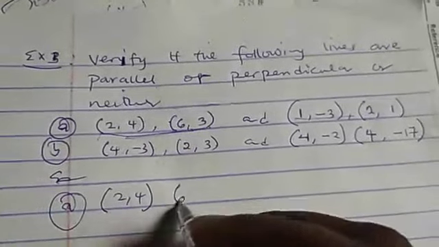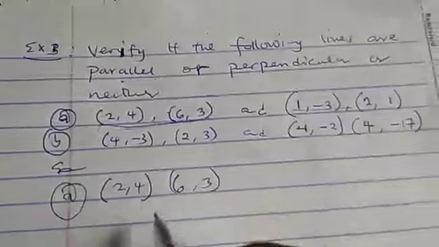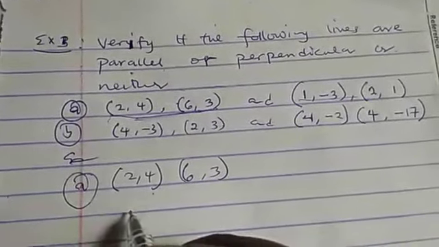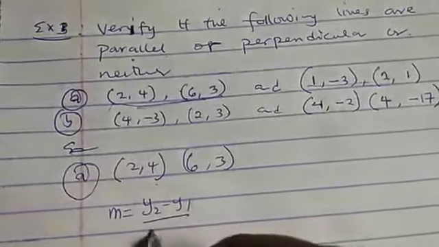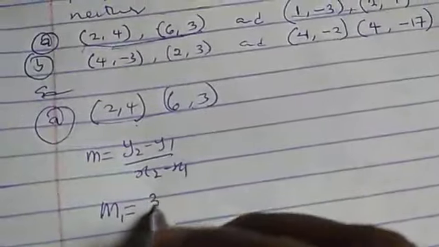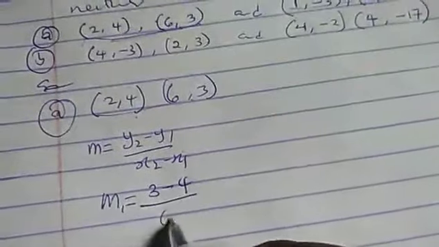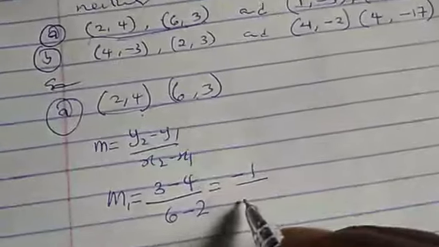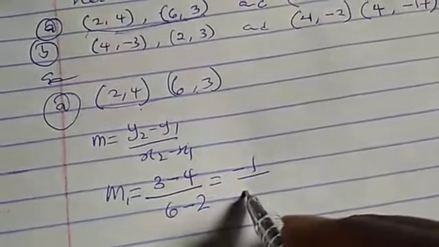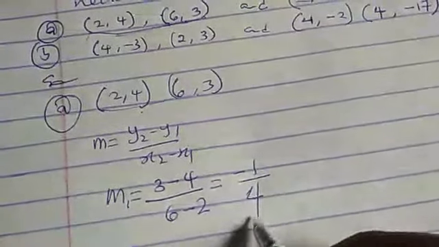For the first one, let's find the gradient using the formula y2 minus y1 over x2 minus x1. That is 3 minus 4 over 6 minus 2. 3 minus 4 is minus 1, and 6 minus 2 is 4.